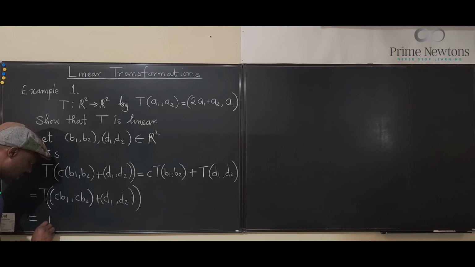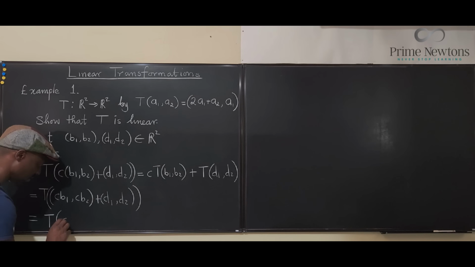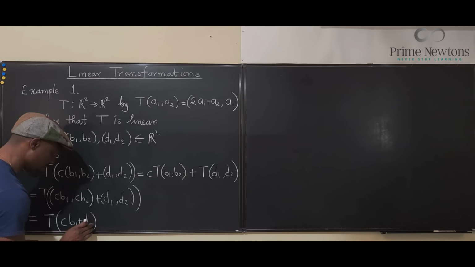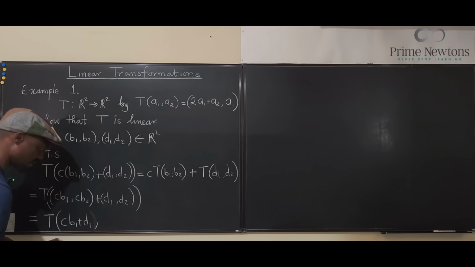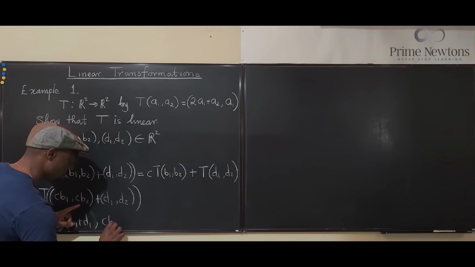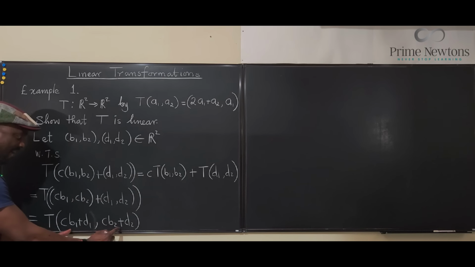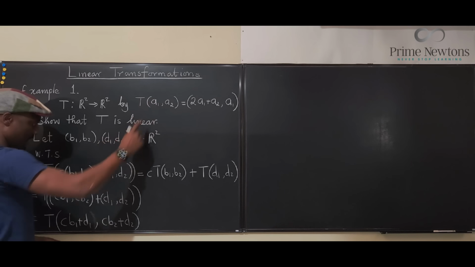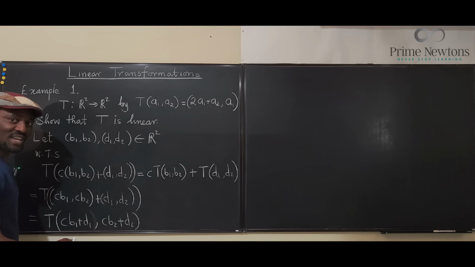So this gives you T of CB1 plus D1, comma, because now we have the two of them together, CB2 plus D2. So here, we now have something to transform. We can now apply the rule that we have, because this first input is all of this, and this second is all of this. You see it?